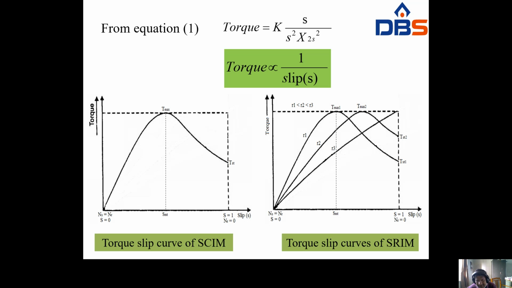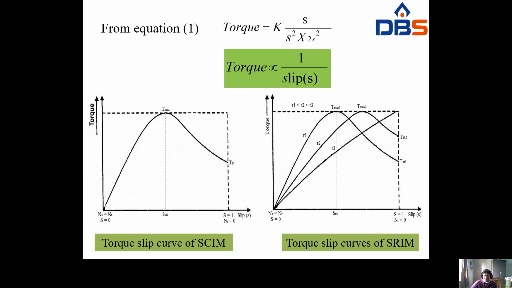So the torque slip characteristics is very important. Three regions: low slip region, medium slip region, high slip region. In the low slip region, the torque is directly proportional to the slip.